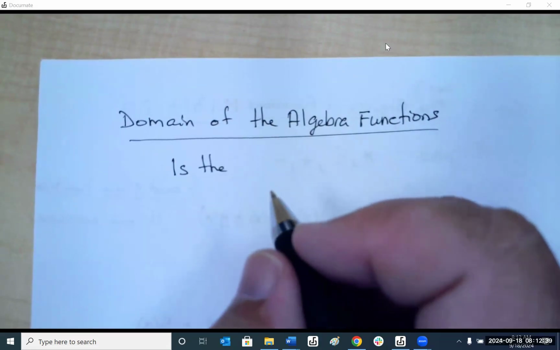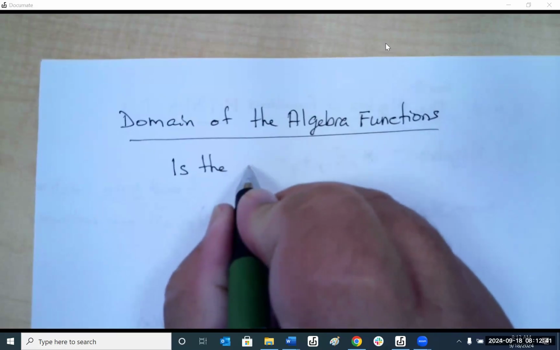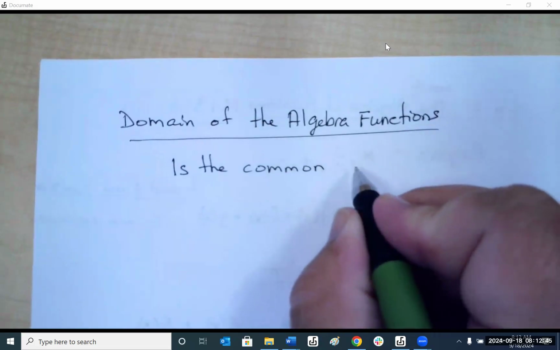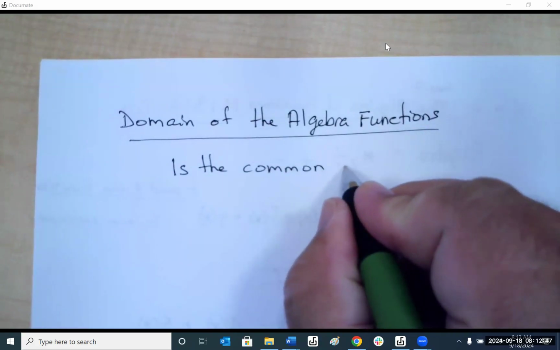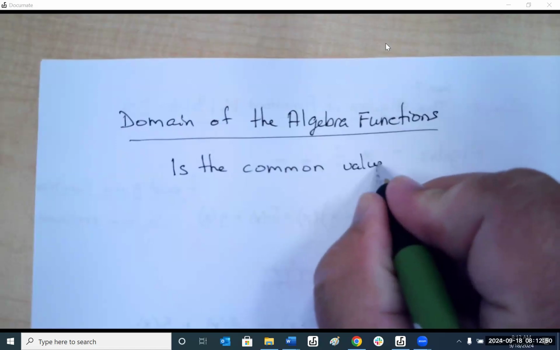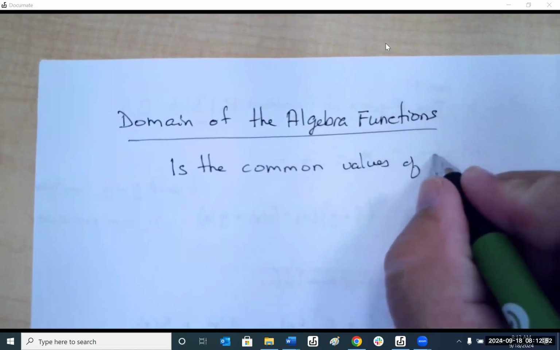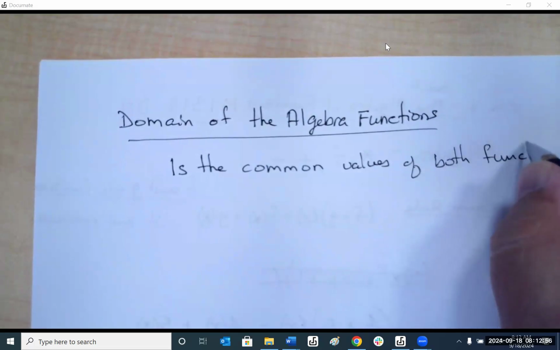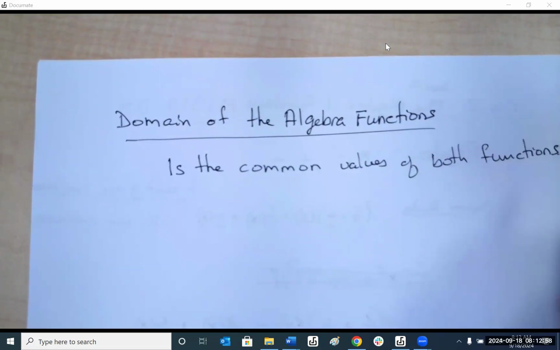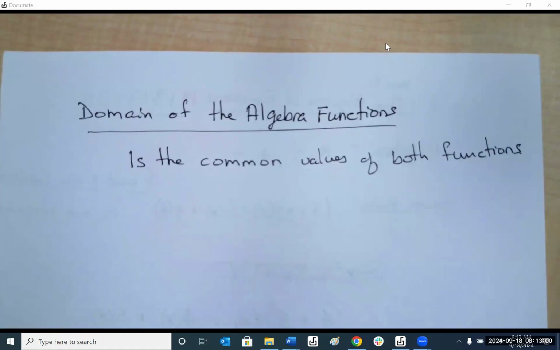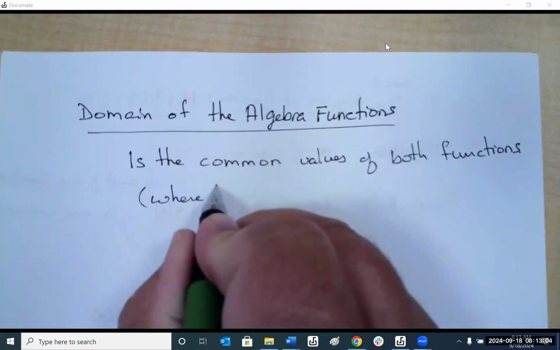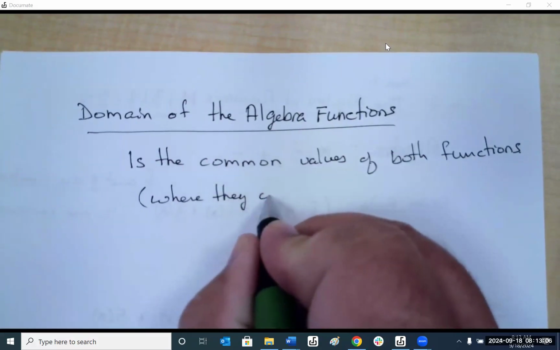It's where they overlap. It's the common values of both functions. In other words, it's where they overlap.